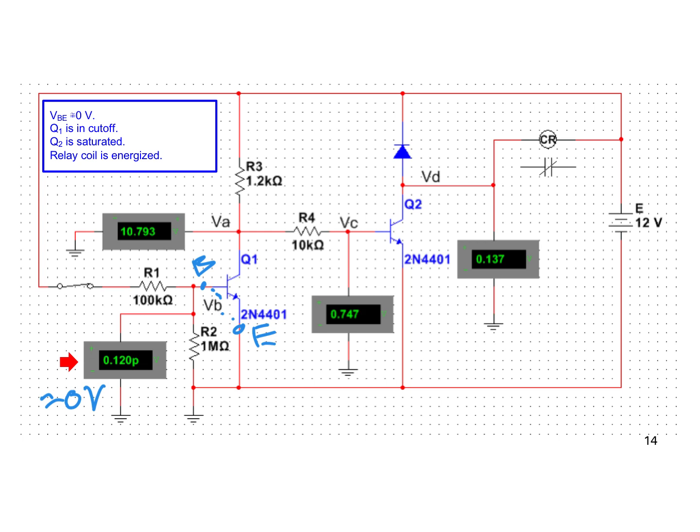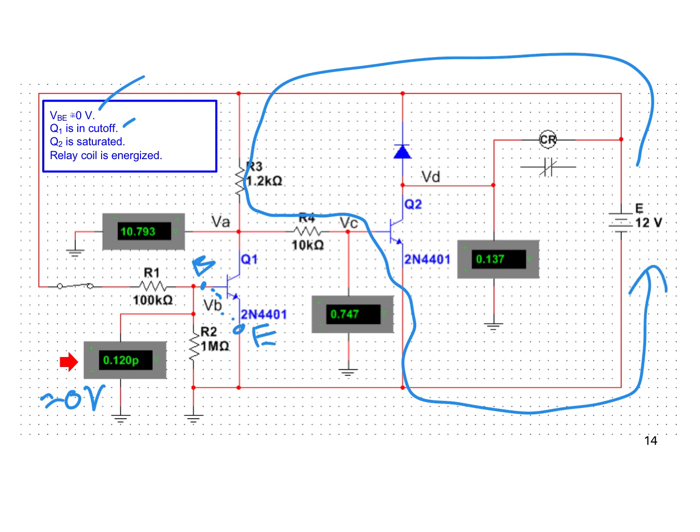It can't turn on, so Q1 is in cutoff. We know that because VBE is basically 0, and that allows a current path down like that. So Q2 is saturated. Look at the base voltage at Q2. Relay coil is energized.